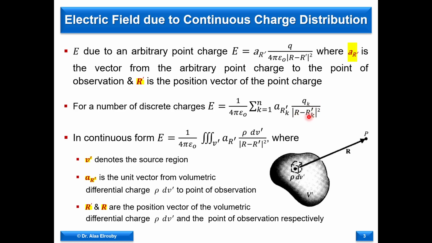Rk prime is the position vector of point charge k. R is the position vector of the observation point. aRk is the unit vector from point charge k to the observation point. And we have the constant here, and we sum those n vectors to find the total electric field.